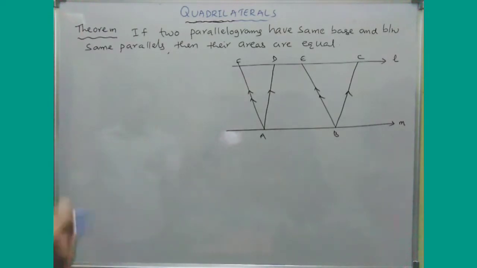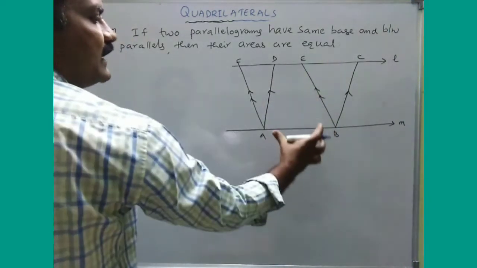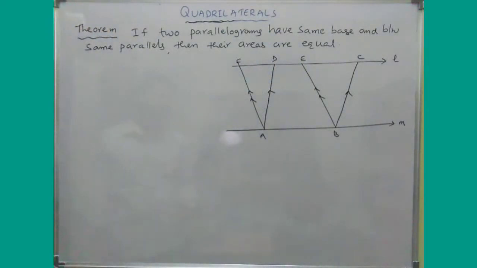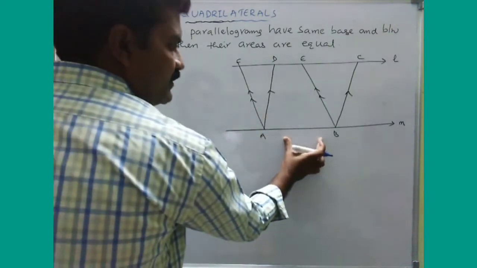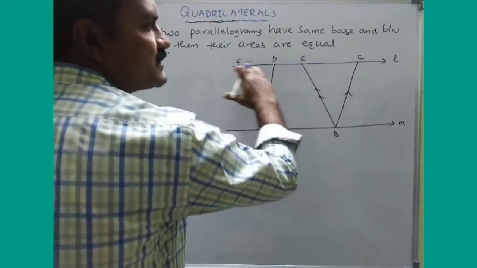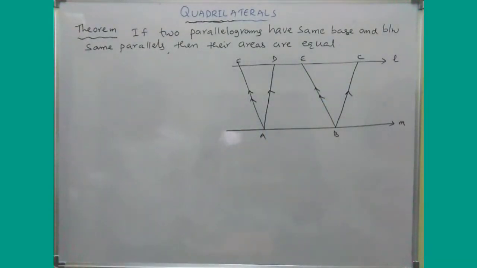So now there are two parallelograms. One is parallelogram ABCD and the other one is parallelogram ABEF. These two are on the same base AB and lie between the same parallel lines L and M. Hence we have to prove that they both are equal in areas.